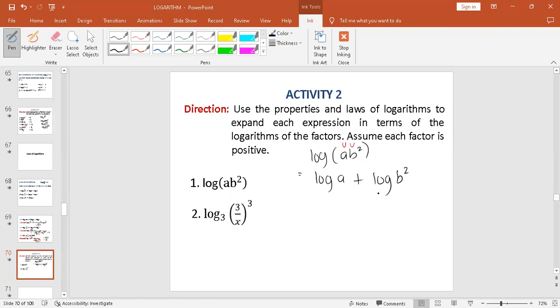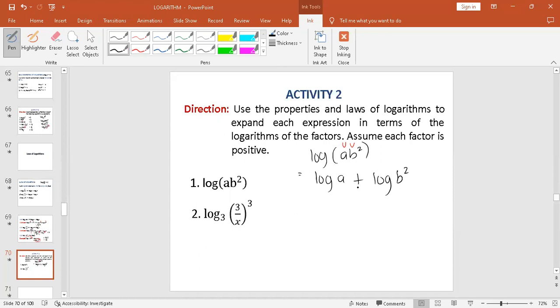So, again, in expanding logarithmic expressions, we look at first the whole expression and identify which law can be used or applied. Okay, so in this case, since U and V are expressed as product, then we expanded it using addition.